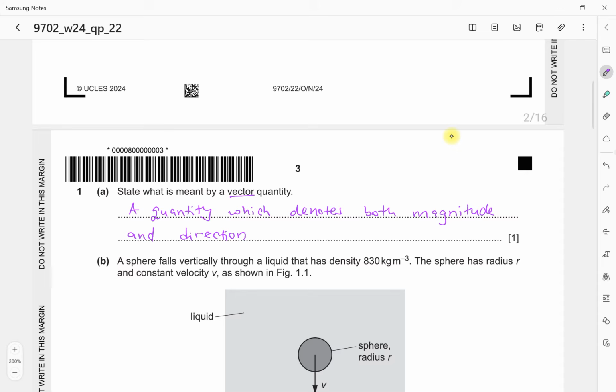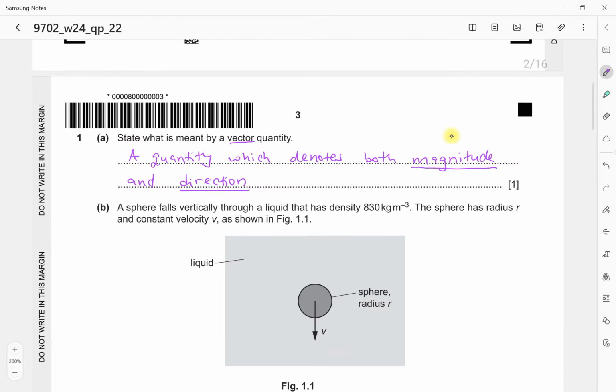A quantity which denotes both magnitude and direction, that is a vector quantity. For a scalar quantity, it has only magnitude.